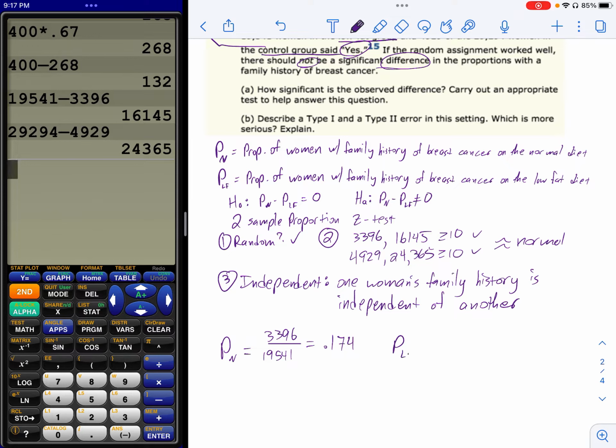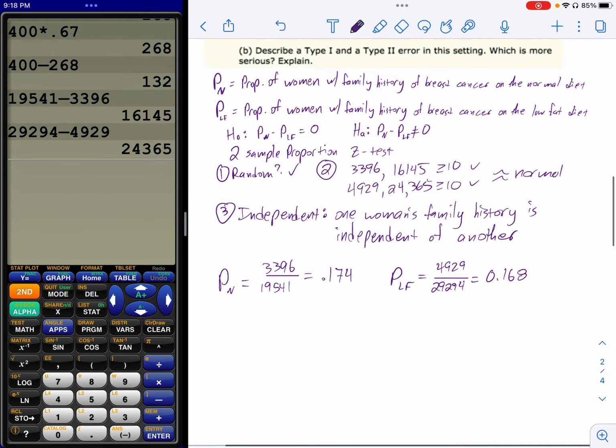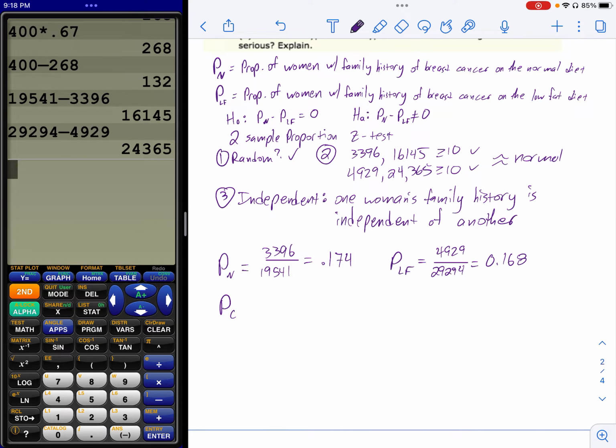And if you do the proportion for the low-fat diet, you get 4,929 out of 29,294. I'm just trying to slow down, make sure I get the right numbers. And that proportion is 0.168.